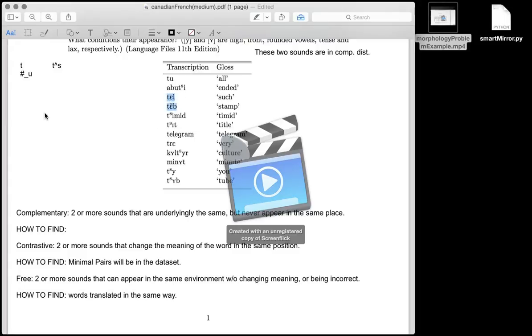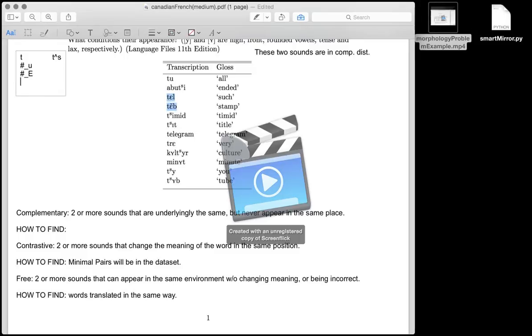So our next instances of ta occur in such and stamp, and this environment looks like the following. Again, we have a beginning of the word, so we'll use the word boundary, and then we have where the segment actually is, and then we have that vowel. Again, because I'm just using my keyboard, I'll use this capital E here to stand for that vowel.